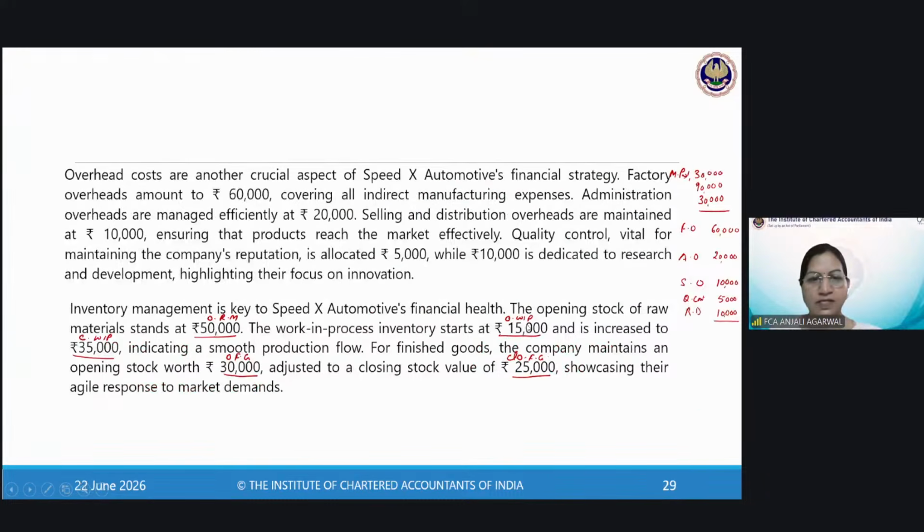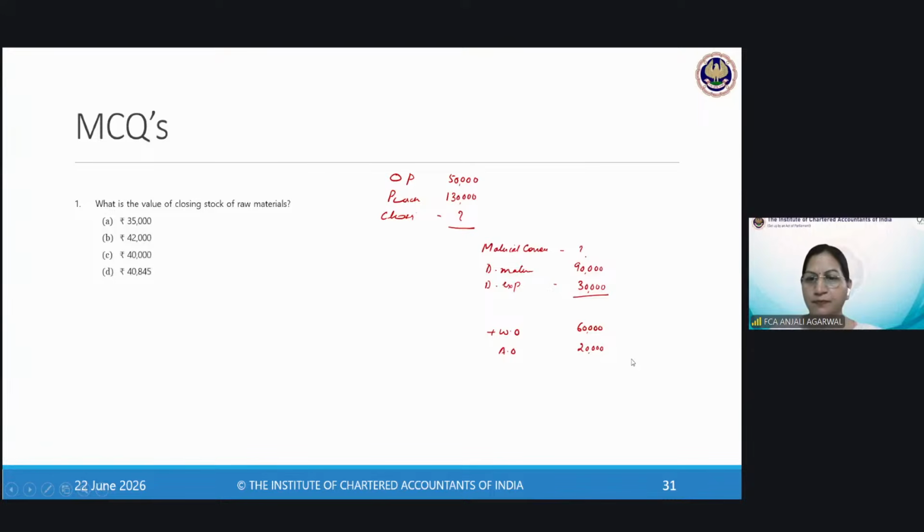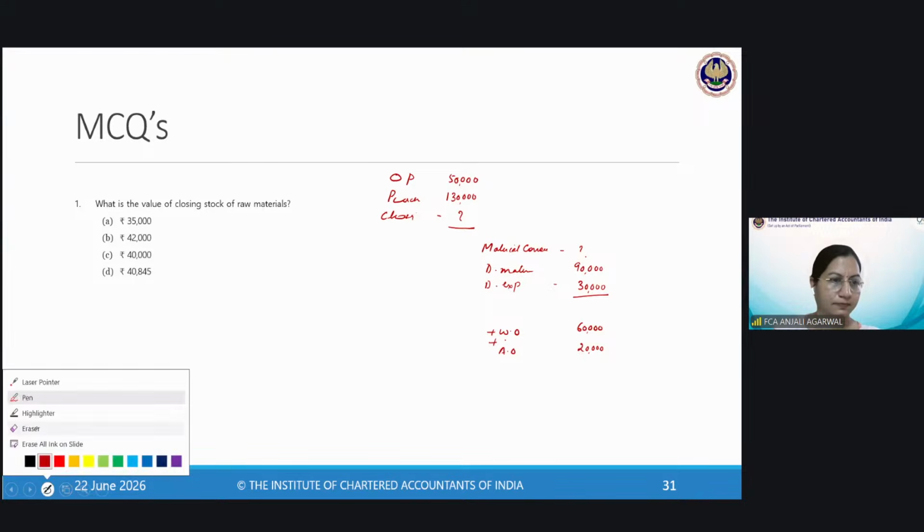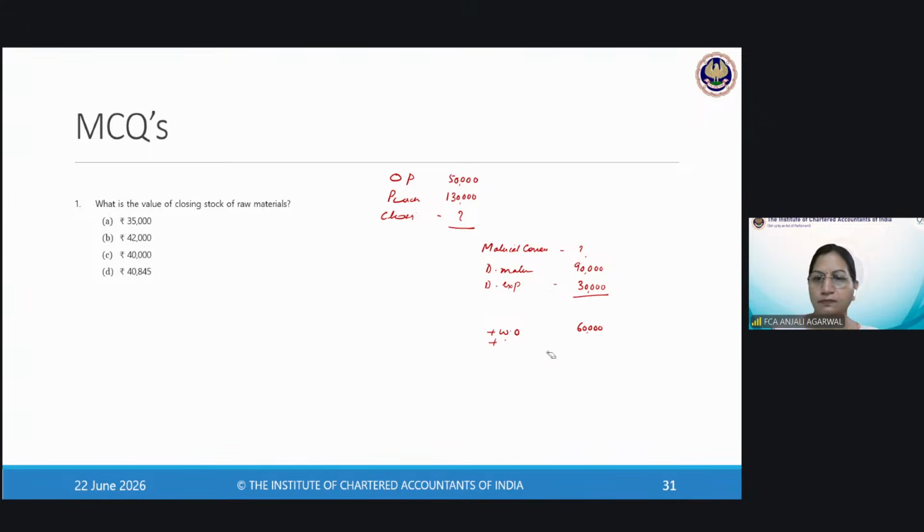Before works overhead, we'll adjust the opening and closing WIP, 15 and 35. This becomes your works cost.